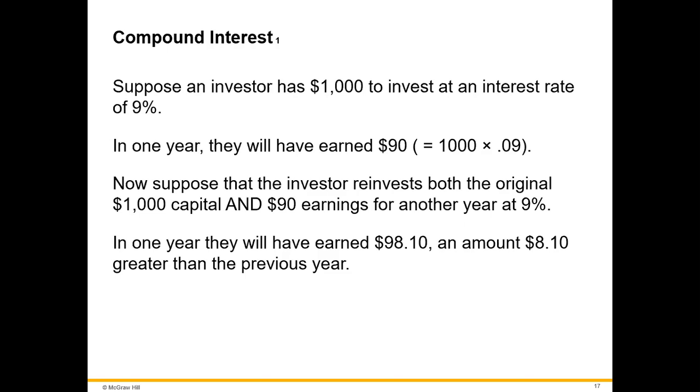So the second year's interest will actually be $98.10. $90 on the 1,000 and $8.10 on that $90 of the first year's interest. So that's what we mean by compound. Interest is not going to be earned just on the original principal, but the original principal plus all interest earned to the beginning of that period that we're calculating interest for.